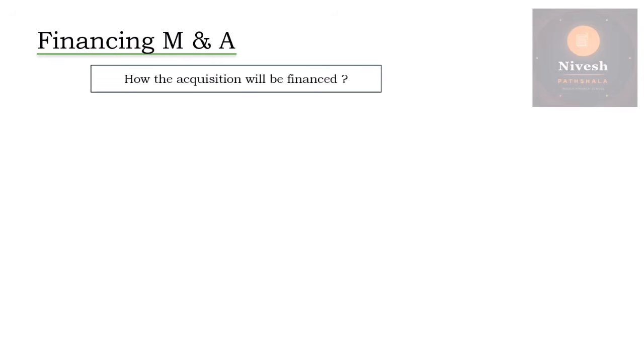Now we come to the main part of the whole process, which is financing M&A. After completing all the steps, after completing valuation, after completing investigation, after being satisfied with everything, we have to finance the purchase of that company. So how will I buy that company? There are a total of three ways the acquisition can be financed.